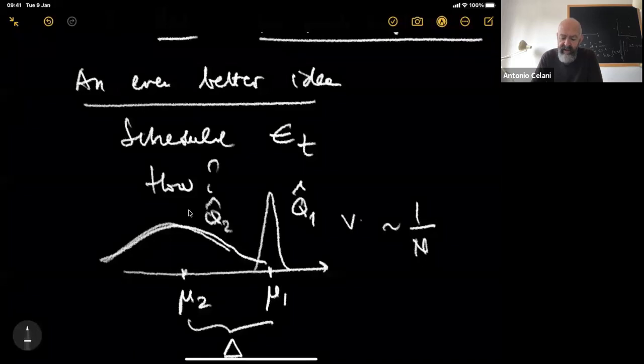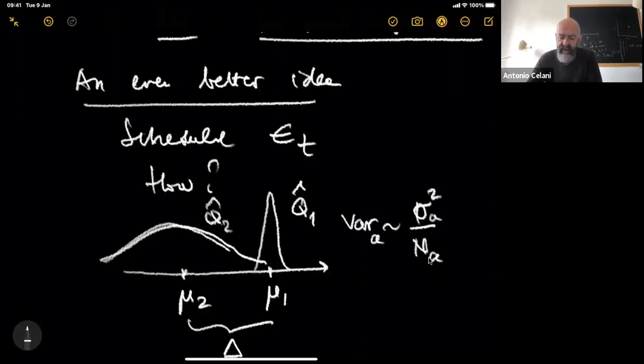This is the variance of arm A. This is the variance of the rewards, and this is the number of times that I visited that arm. If I make many visits, I will have little uncertainty. If I make a small number of visits, I will have larger uncertainty.